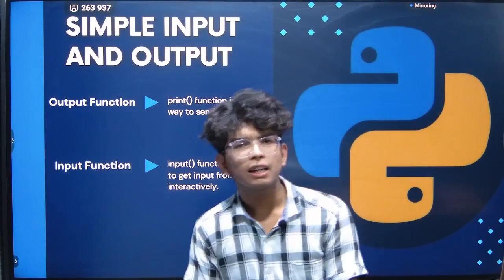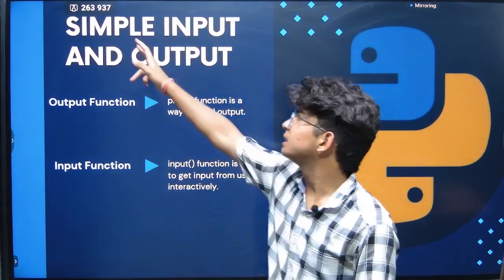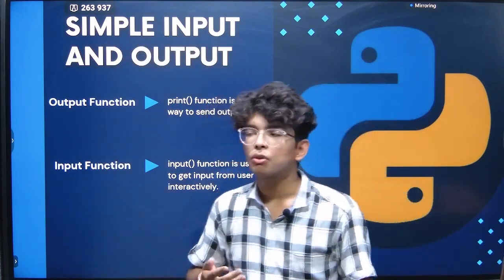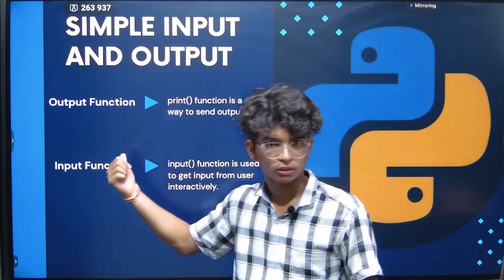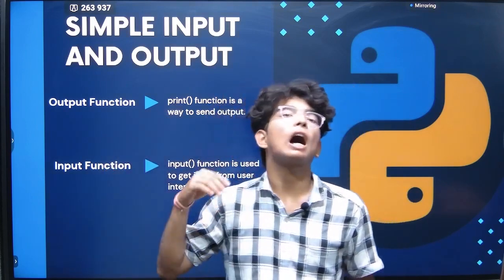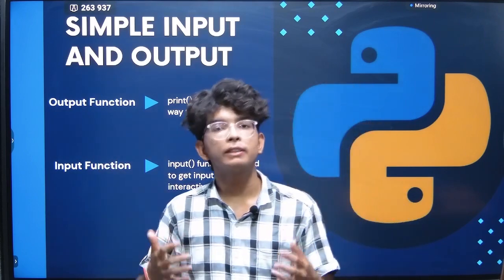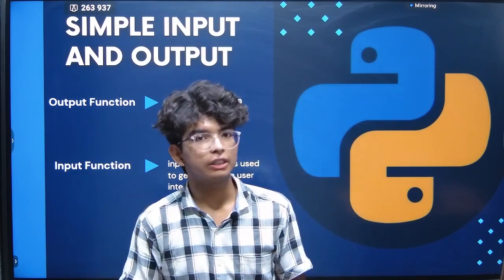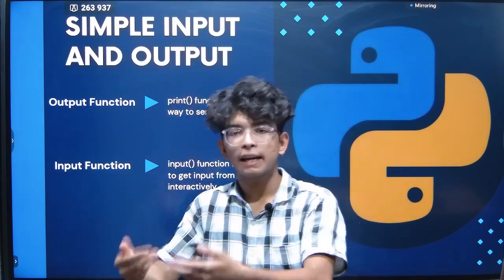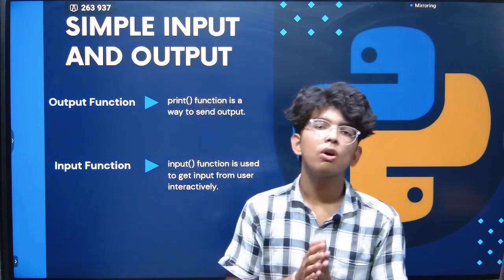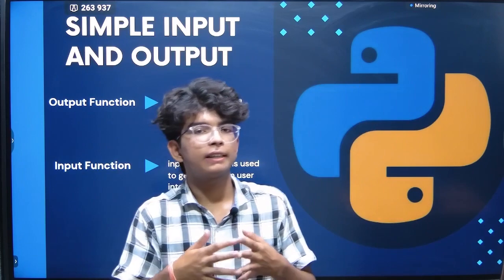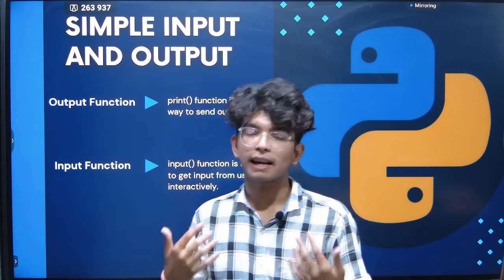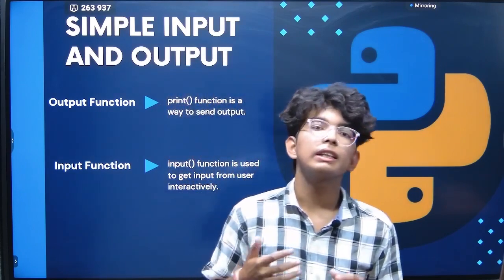Now the last but not the least topic, simple input and output. Well, in our working in IDE video, we used one of these functions, which is the print function. Print is an output function, as print is used to get the desired output, just like we did in our IDE video, where we used print to get the output hello world. Now that we have an output function, it is very common to have an input function, as the user also has to interact with the program, then it will be more playful.